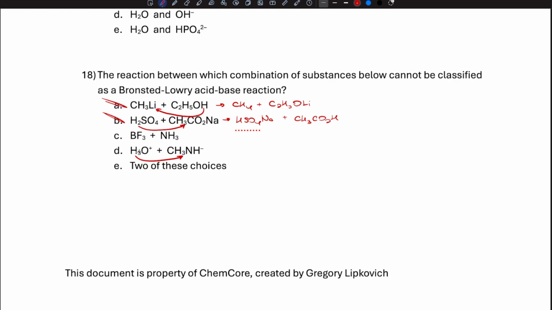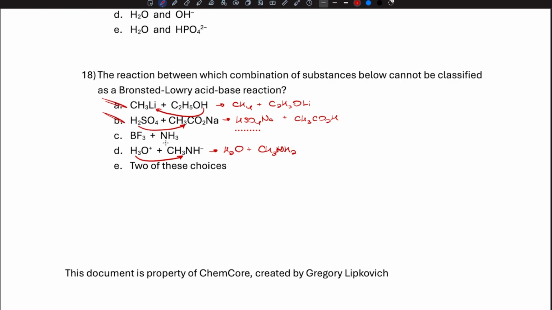You can watch the video on it. If you haven't watched that yet, it'll make a lot more sense. But this should become H2O, which makes it happier. And CH3NH2. If you think about this logically, we're trying to take away the charges. And so if we were to donate a proton from H3O and give it to CH3NH2, we would get rid of all the charges and be happy.